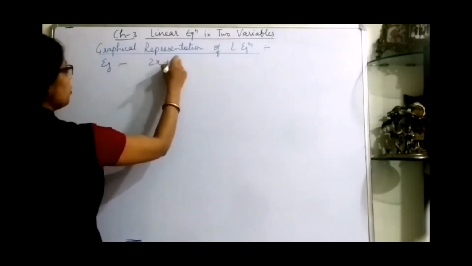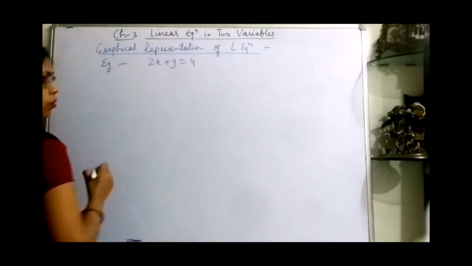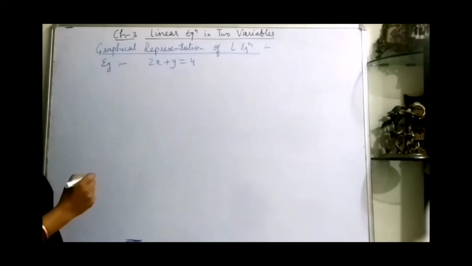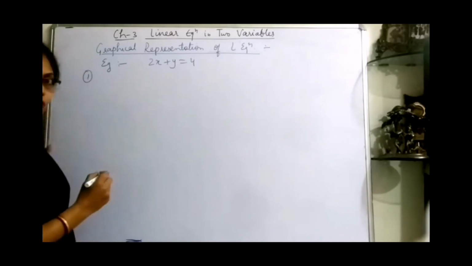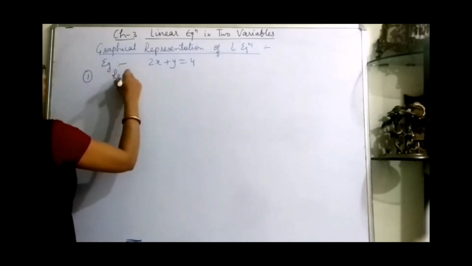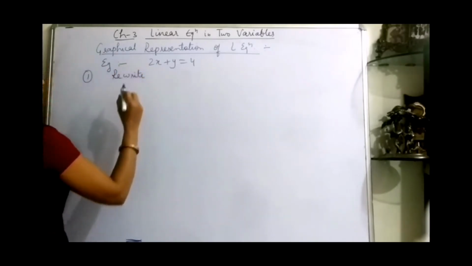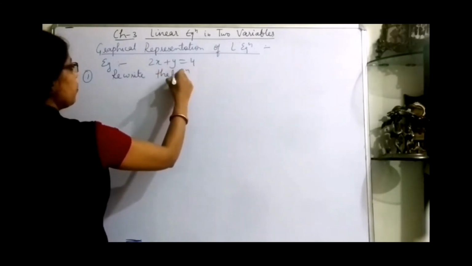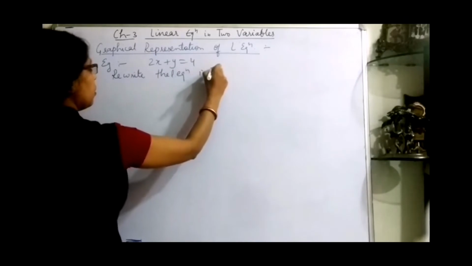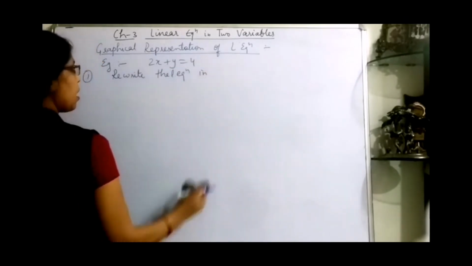Suppose 2x plus y is equal to 4. I am taking one linear equation. Now there are some steps we have to follow. The first step: rewrite the linear equation with y as the subject.